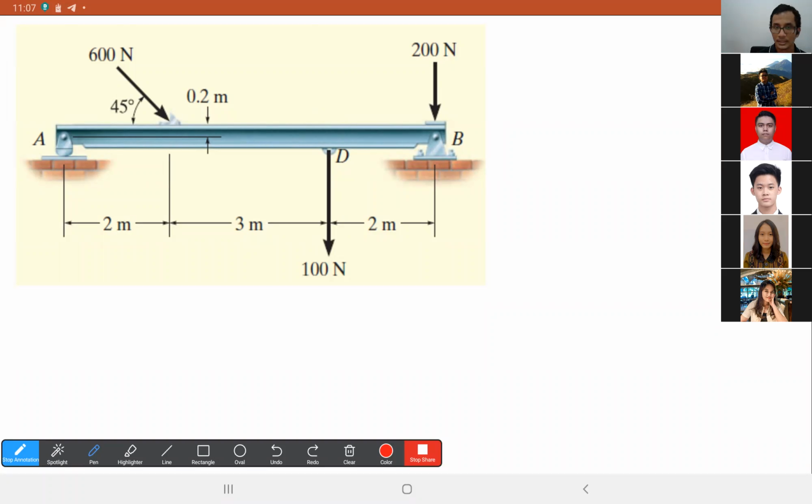Okay. Now the thing that I will ask you is, Fasa, what are the forces happening at point A, and what are the forces happening at point B, at joint A and joint B here? You can see there is a joint there, right? So I'm asking you, what are the forces happening at point A and point B?